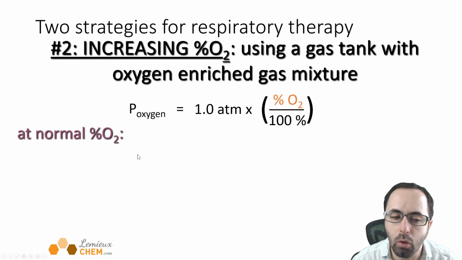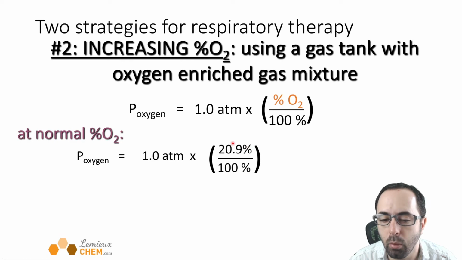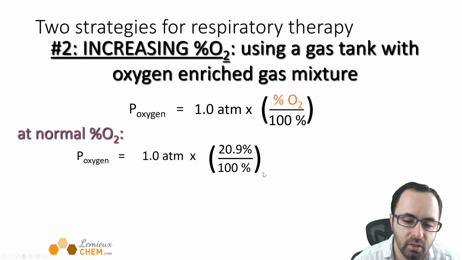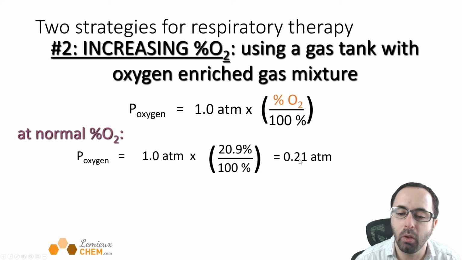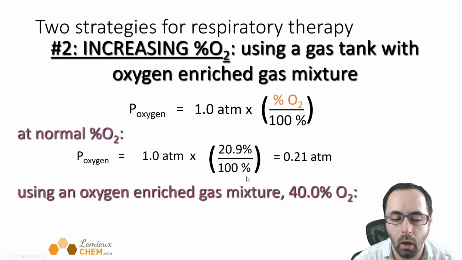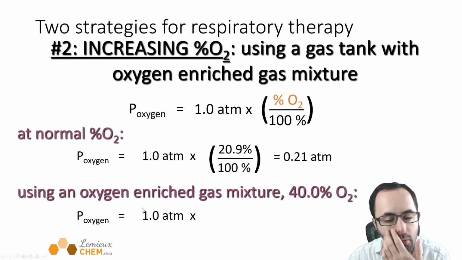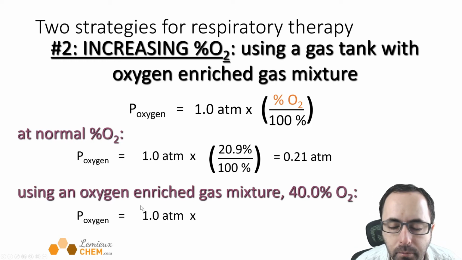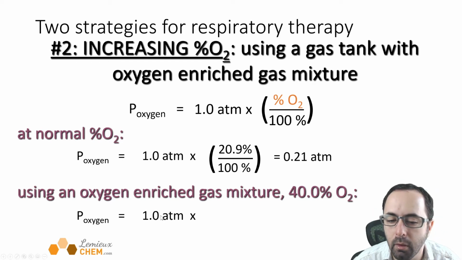So again, if we're breathing normal air, we'll have a total pressure of 1 atmosphere, and for normal air, the percentage of oxygen will be 20.9%. So just like before, we're talking about a partial pressure of oxygen of 0.21 atmospheres. However, if we give someone the oxygen tank with a greater percentage of O2, we'll still have a total pressure of 1 atmosphere, because it will just be leaking slowly into the tubes that are inserted into the nose.